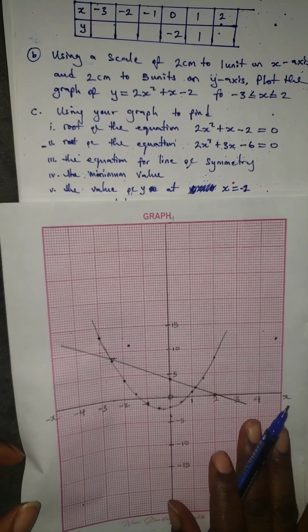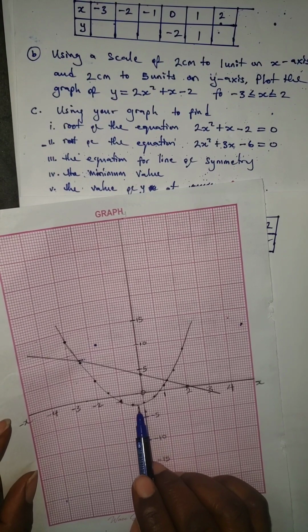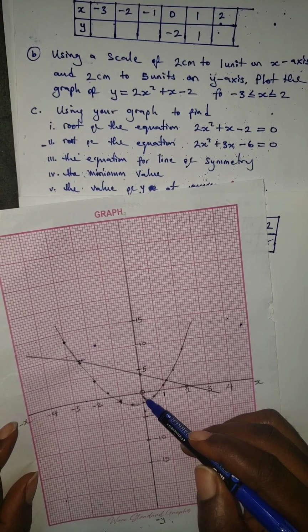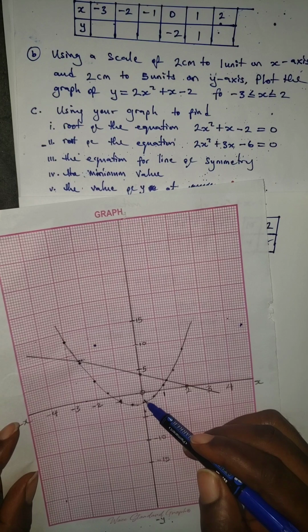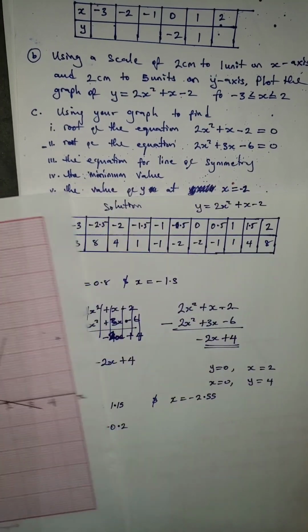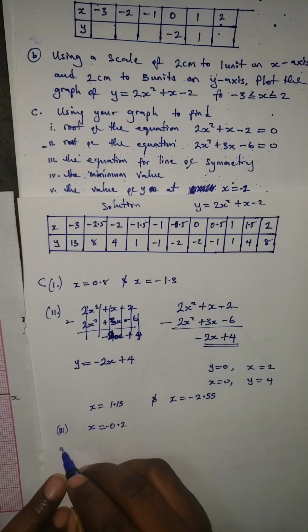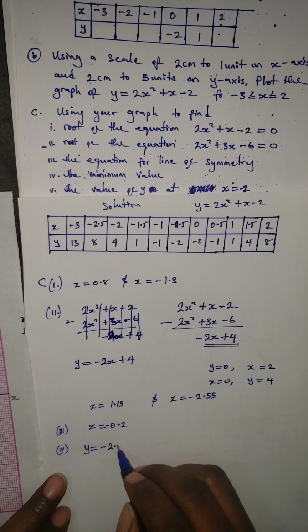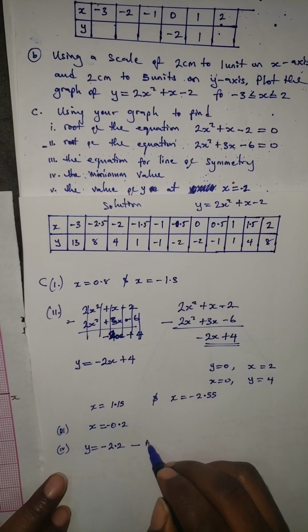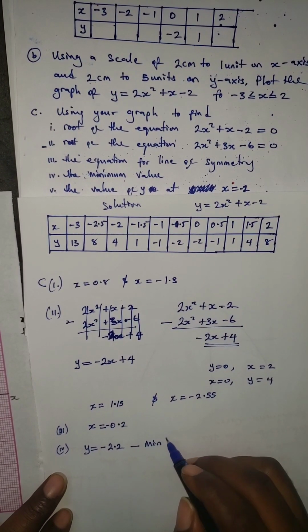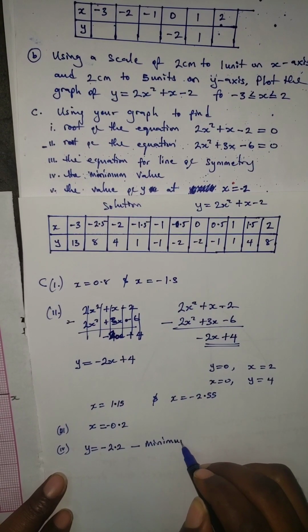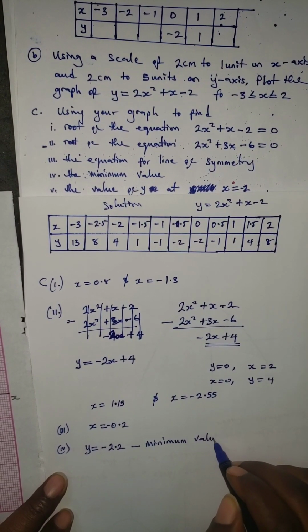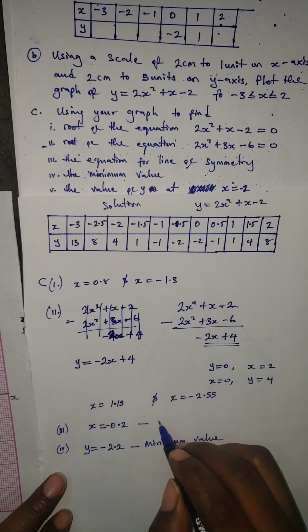Then for the minimum value, you also find the value here. We count 0.5, 1, 1.5, 2, not up to minus 2.5. So I can say that y equals minus 2 point something is the minimum value. This one here is the line of symmetry.